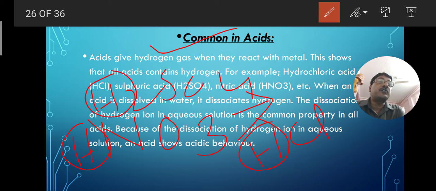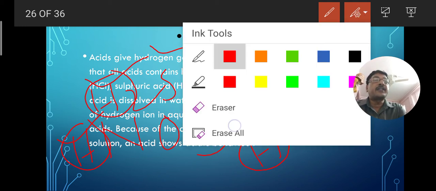That is why when you mix these acids in water, all the acids give hydrogen ions out. This is because of their acidic nature. This hydrogen ion released by them makes them acidic in nature. So we can say all the acids are having hydrogen ions in common. I think it is clear.